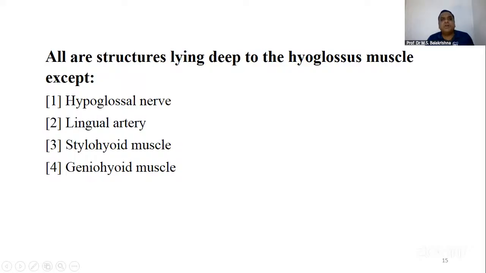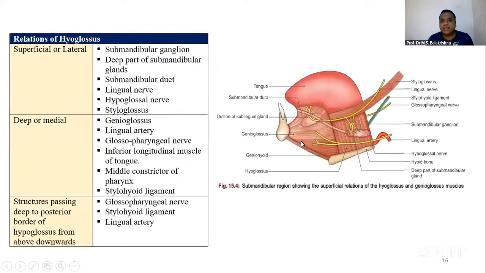Next question, all are structures lying deep to hyoglossus muscle, except. So for this you should know the diagrams, okay? There's a diagram like this. So this is the tongue, this is your hyoglossus and all these muscles, this is styloglossus. The background is your hyoglossus muscle. You can see this is the genioglossus, the one which you're seeing where the cursor is moving. This is your genioglossus muscle.